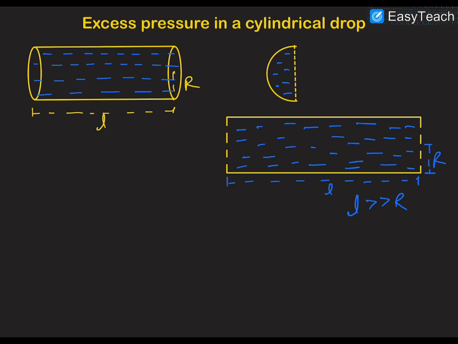Now just imagine that we have subdivided this cylindrical drop into two parts. This is the half part, and the second one is this one. You can imagine that there would be molecules situated on this line of this half cylinder, and these molecules will be attracting each other by surface tension force.